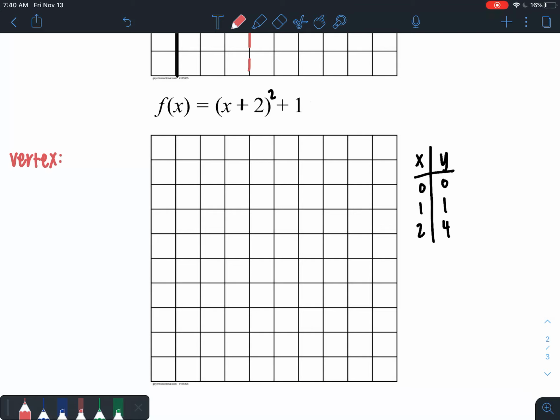And I'm going to rewrite my equation as f of x equals 1 times x minus negative 2 squared plus 1, to have it in that x minus h form. So my vertex is negative 2, 1, and my axis of symmetry is x equals negative 2. Because this is a plus, it's moving to the left. So that's why that's a negative there.